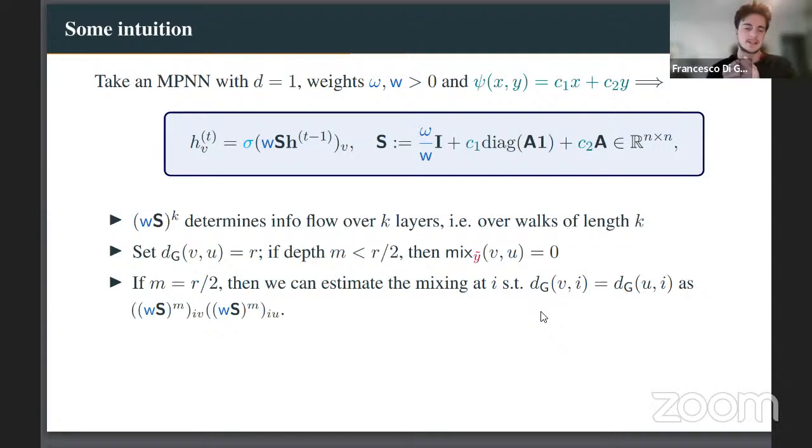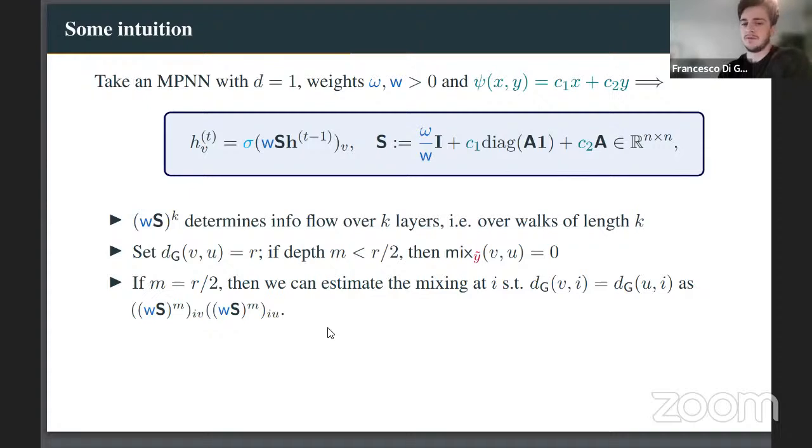And how can I estimate such information? I can look at the entry iv of the power m of my matrix W S. So I'm looking at how information is flowing over the path iv, and I'm multiplying how this information is flowing over the path iu, okay?